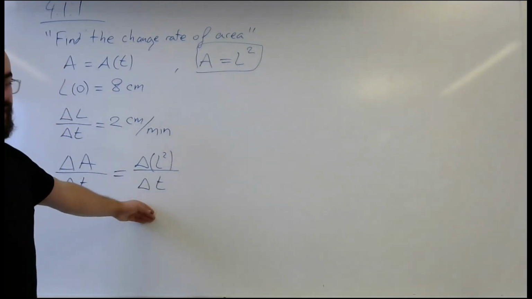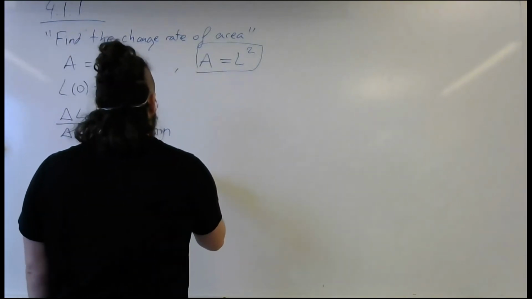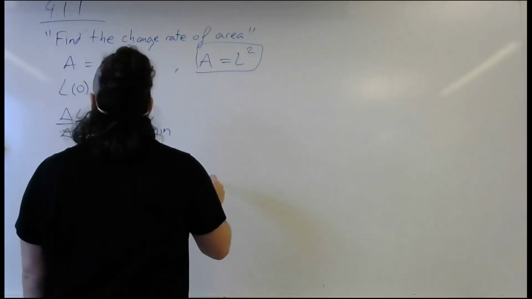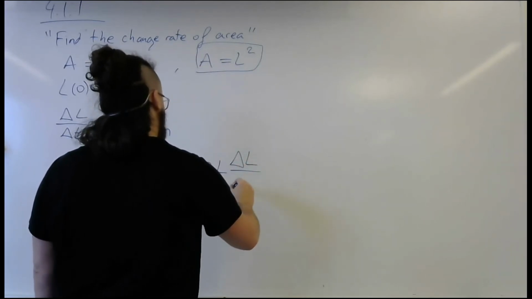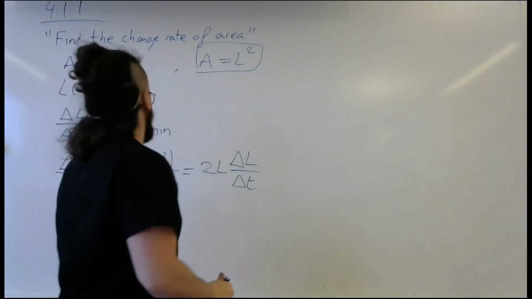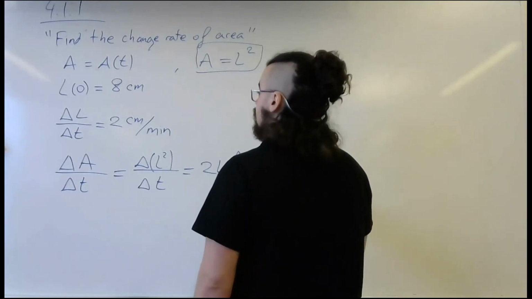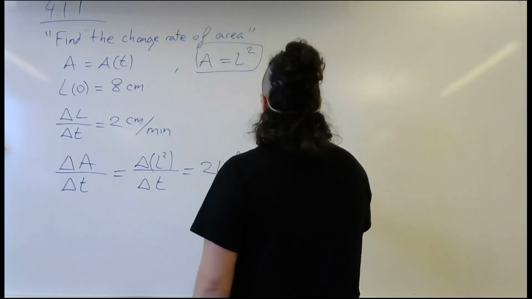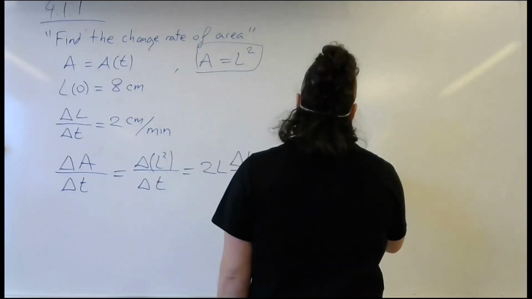Now, if this looks like a derivative to you, it's because it is. So let's solve it. This is 2L times the derivative of L with respect to time. And this is 2L times 2, which is 4L.